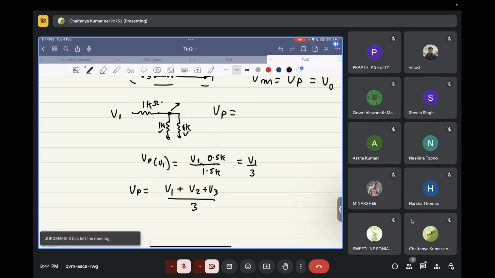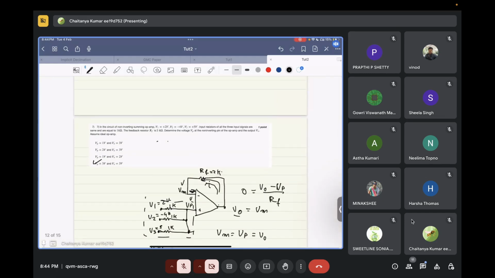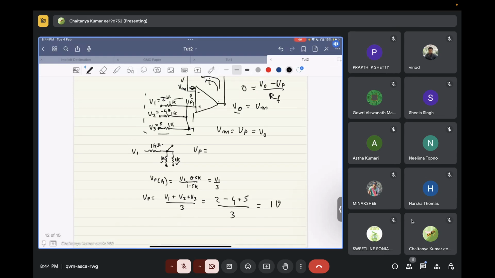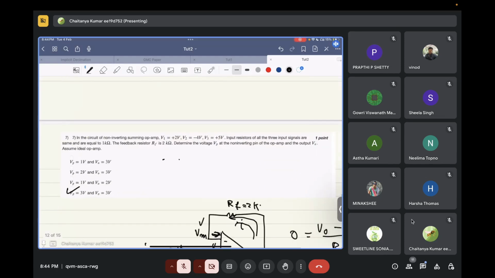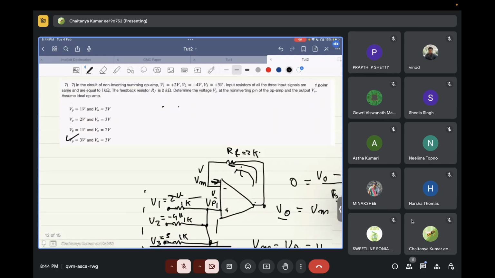So actually it will be 2 minus 4 plus 5 by 3, and this is equal to 1 volt. So actually the option should have been 1 volt and 1 volt, but yeah, this is different.